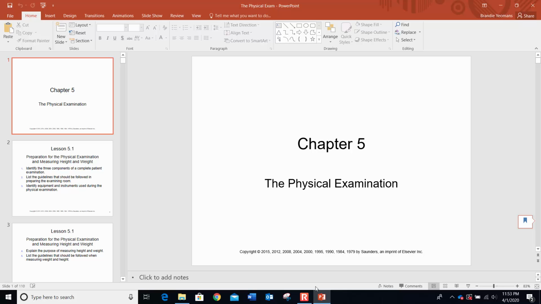So let's also look at why we would do different portions of an exam, like palpation, inspection, auscultation, and percussion. Why are you going to be doing these things? What are they, first of all, and why would you be doing those things? Some examples of why you would be doing those things. So for us and for your physician, let's take, for instance, palpation.